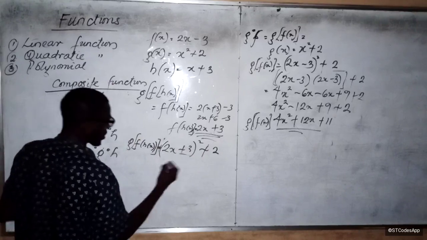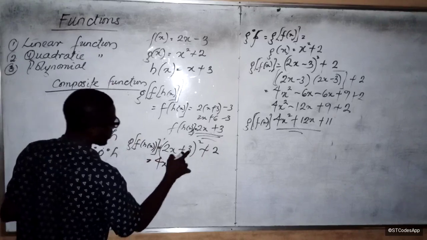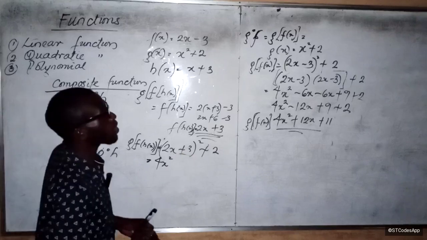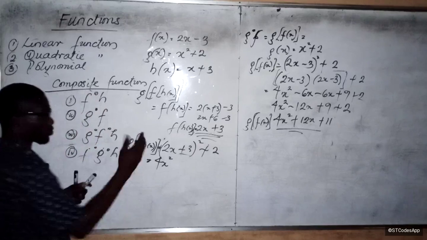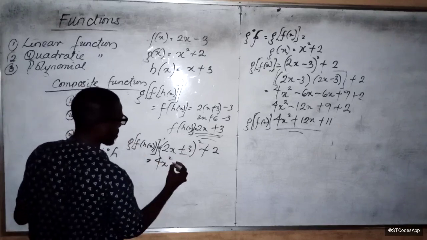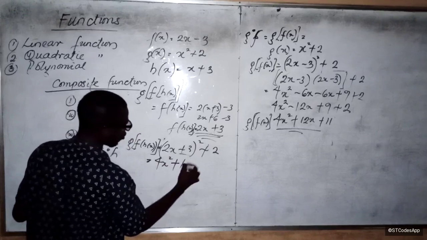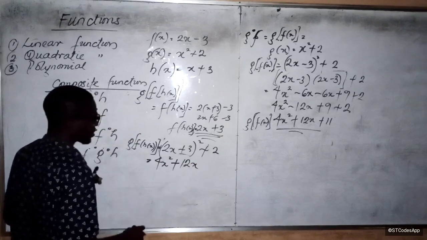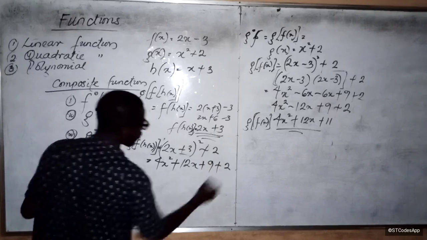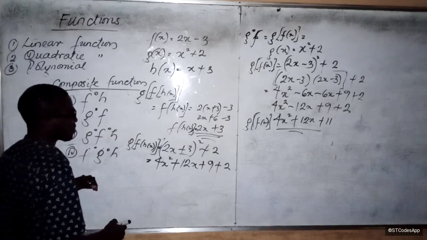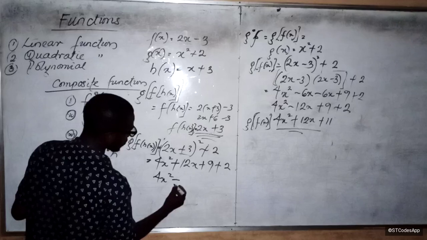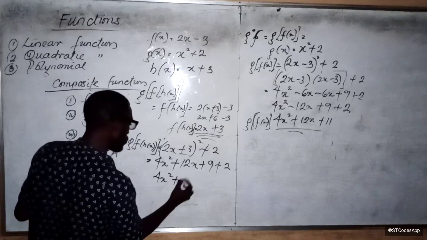So what do we have here? Let's square this. This square is going to be 4x squared, 3 squared, and 3 times 2. I don't want to put two brackets again, so I just want to expand directly. This times 2, 6 times 2x, is going to give us 12x. Is that okay? Then plus this squared, which is 9, then plus 2. So that gives us 4x squared plus 12x.